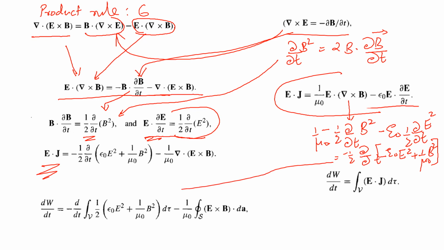So that is this equation: minus 1 by 2 dou by dou t of epsilon 0 E square plus 1 by mu 0 B square, minus del dot E cross B. That's the same step already there.